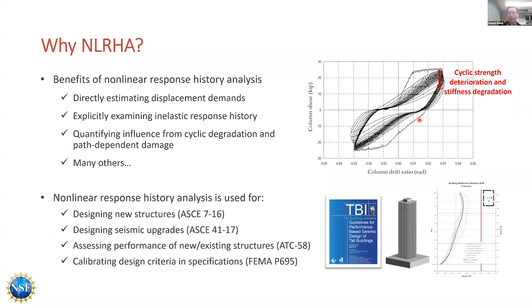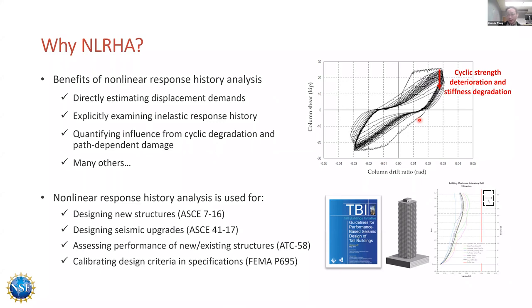On the right-hand side, two examples. The top right shows a concrete member under cyclic loads. You can see the degradation due to cracked concrete, crushing, bar buckling, and fracture. Those things are really captured by nonlinear response history analysis to inform our design strategy.